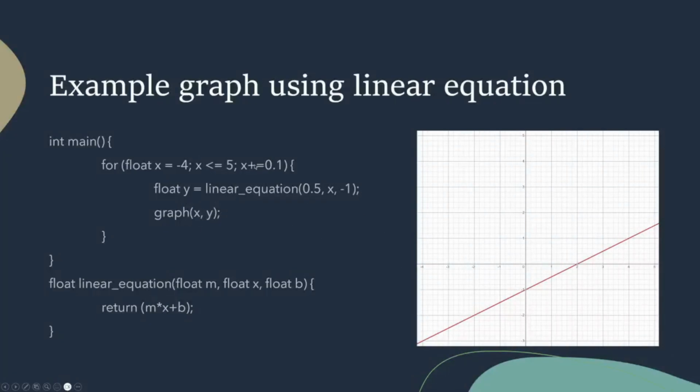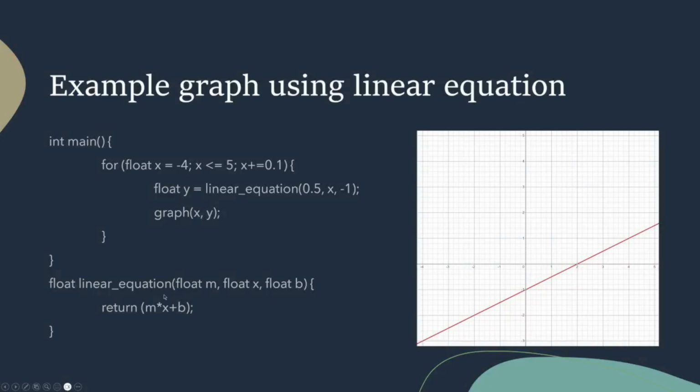So what this is going to do is iterate from -4 and then -3.9 and then -3.8. And then it's going to pass those values to the linear equation right here, which is declared down here. This is going to take those values in, 0.5, x, and -1. And it's going to return 0.5 times x plus -1 back to y.